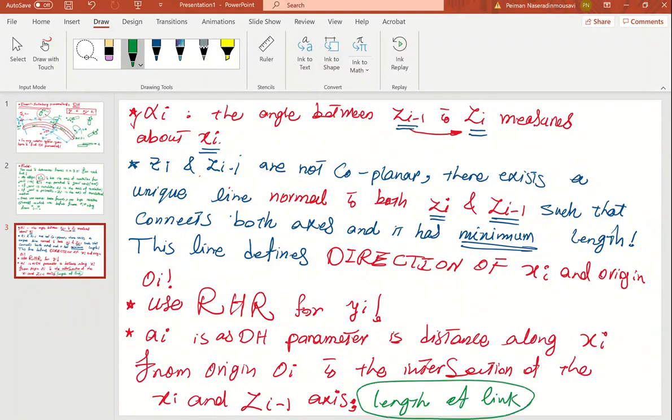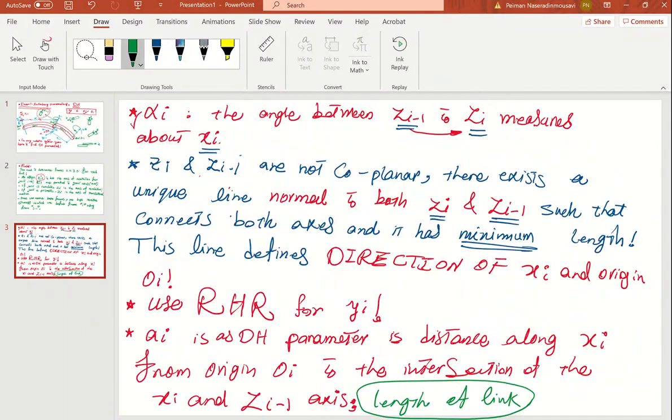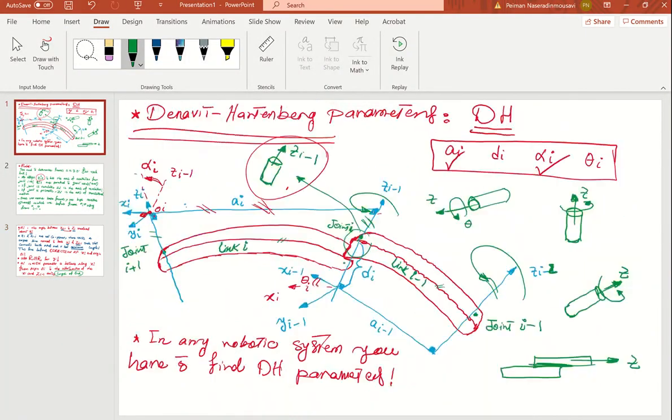Again, it says distance along xi, obviously this is xi, from origin OI to the intersection of xi and zi minus 1. So this length is ai.